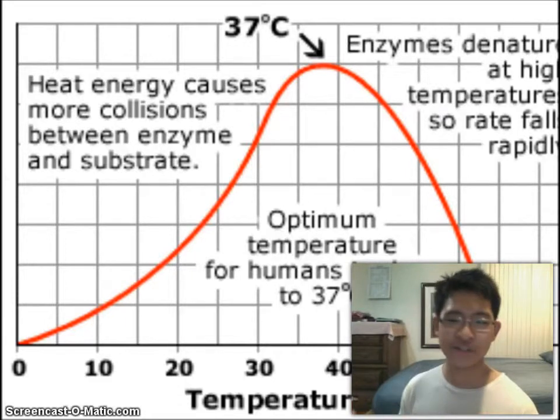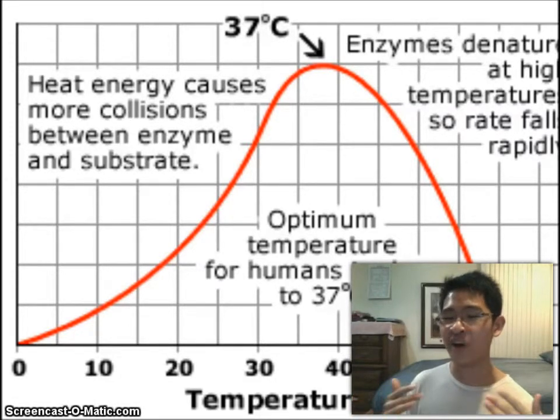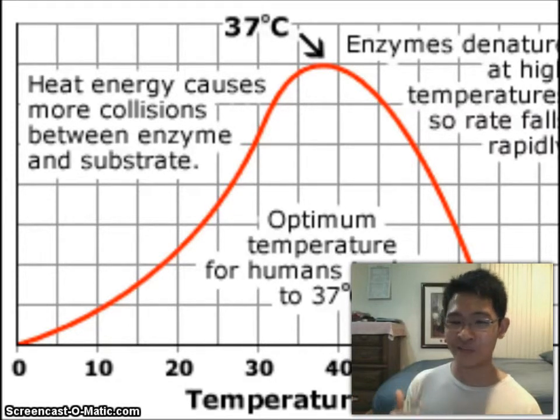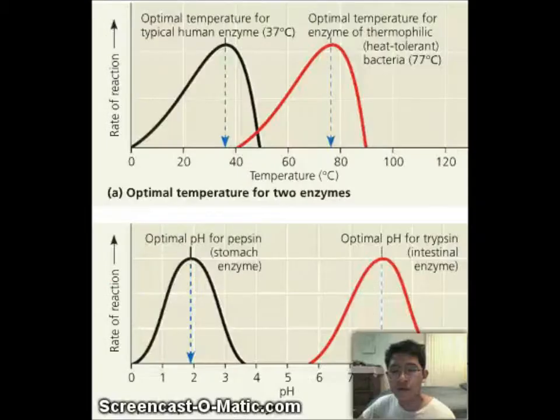However, if the temperature gets too high, it will denature the enzyme. So the most optimal temperature would be right before the enzyme would be denatured, and of course that is 37 degrees Celsius.